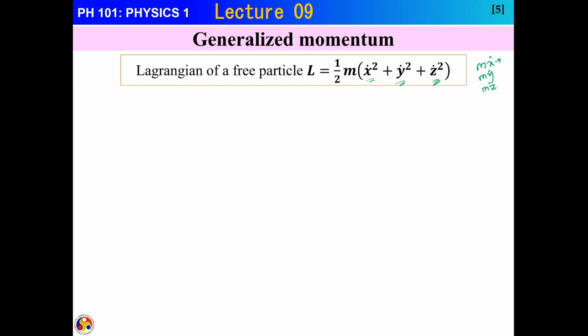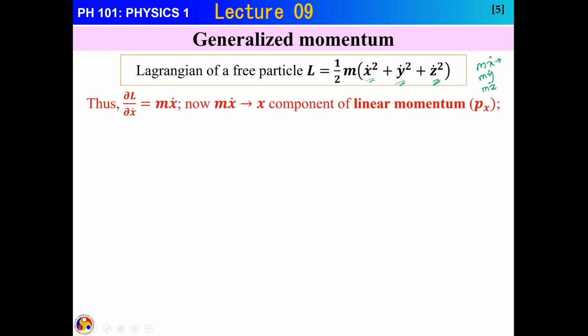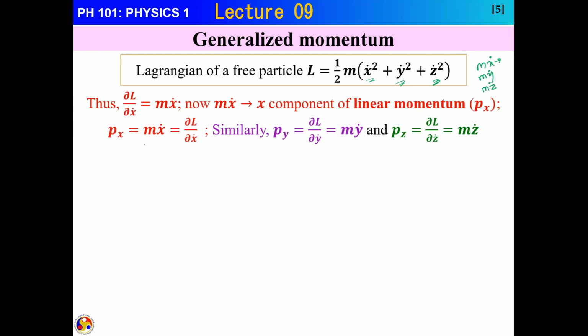Now what is it called? The m x dot can simply be said to be the x component of the linear momentum. Is that correct? So that means px we can write as m x dot, otherwise the derivative of the Lagrangian with respect to the generalized velocity term. So for py, we can also write m y dot, and for pz, m z dot.